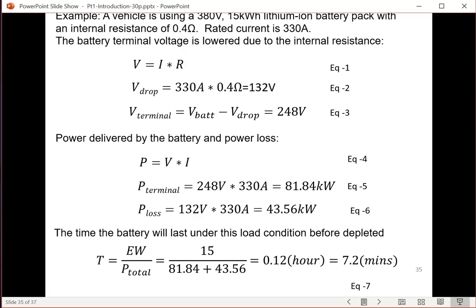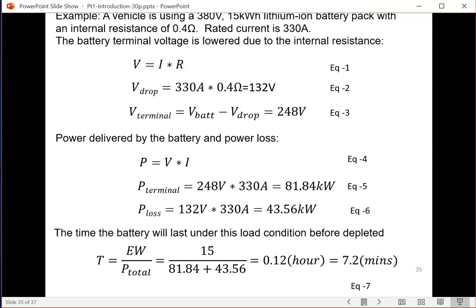So there are two issues here. One is the voltage you need to work with the motors for traction. The other is the lower voltage, typically 12 volts, that you need for other things on your car, like your internal lights, headlights, electronics and radios. They all work in that range.